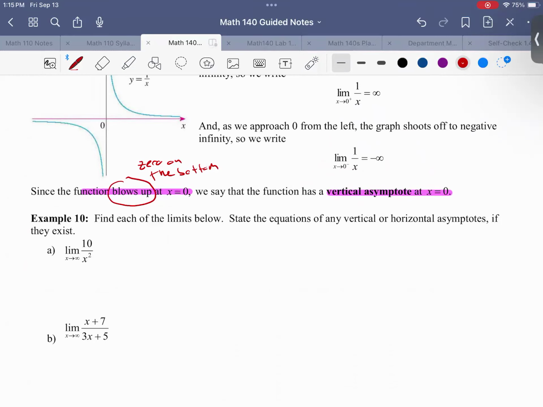This value that makes the function blow up is your vertical asymptote, so x equals 0. If I plug in 0 here, what's going to happen? It's 0 on the bottom, meaning it's undefined, which means it blows up. So that is our vertical asymptote. We're going to try this out in the following example.